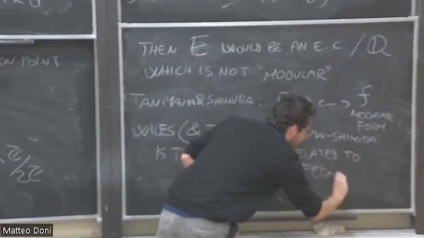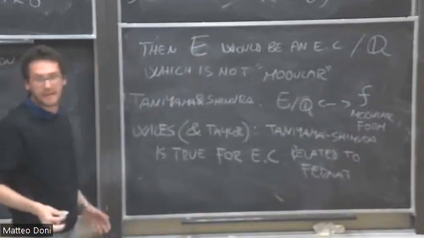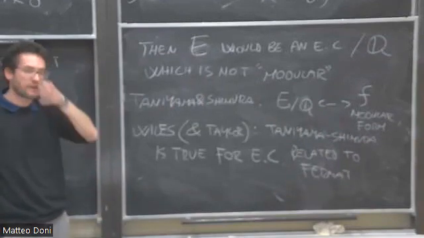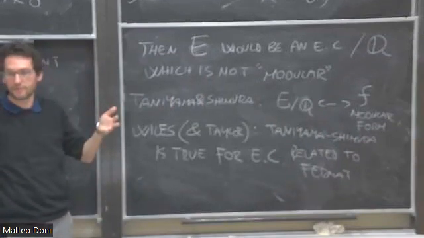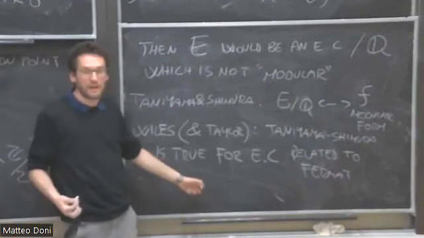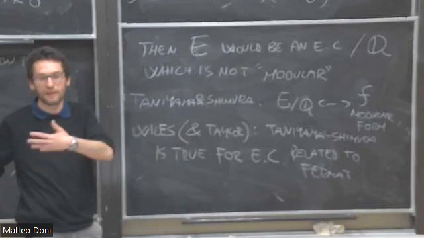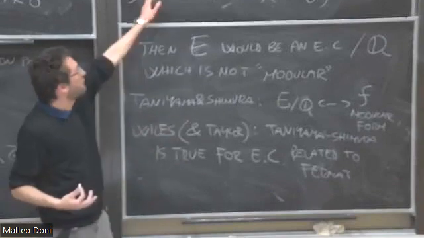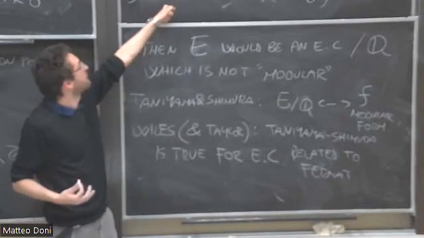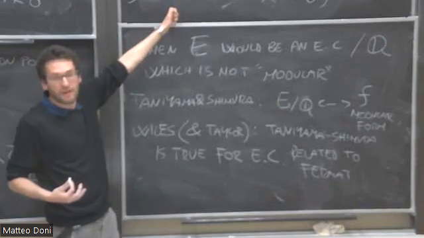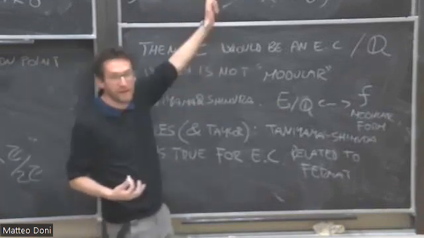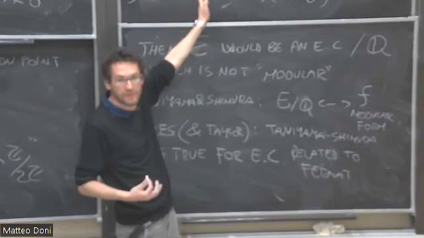They proved that a class of elliptic curves called semi-stable elliptic curves are modular, and the fact that semi-stable elliptic curves are modular forces this curve, exactly this one, to be modular, which is a contradiction with the fact that we have a non-trivial solution of this.